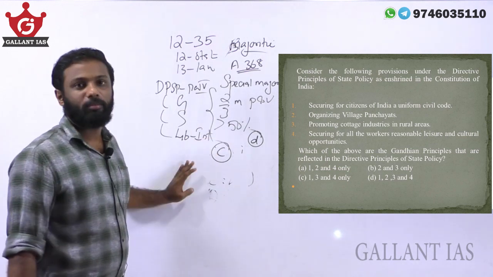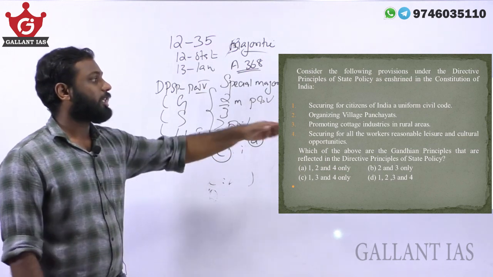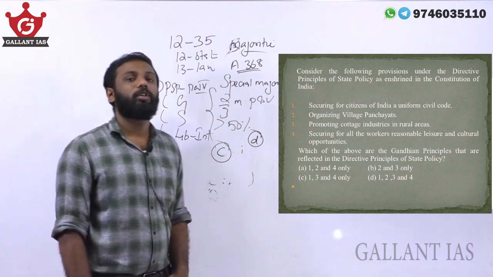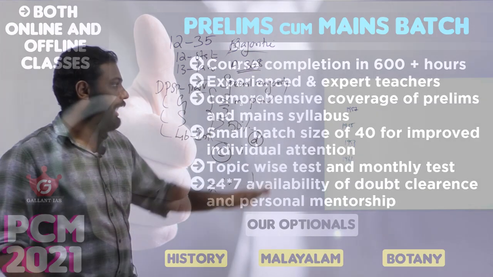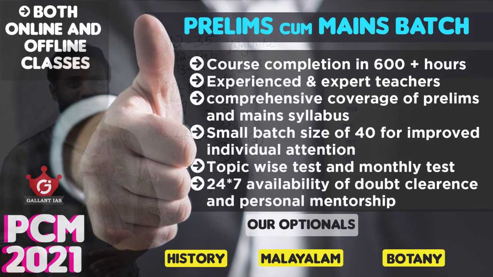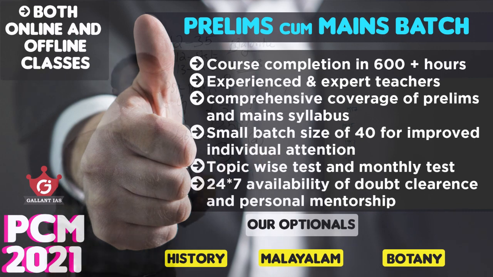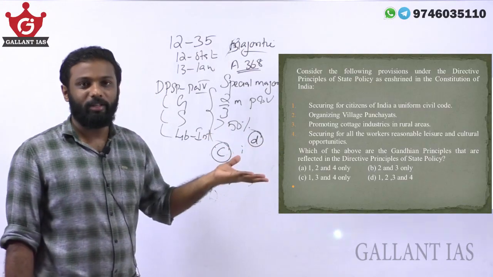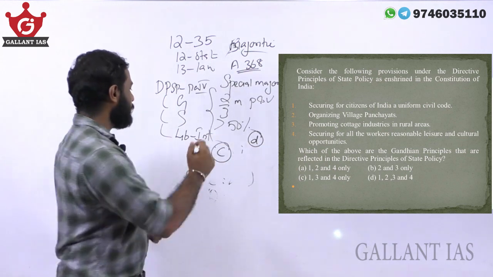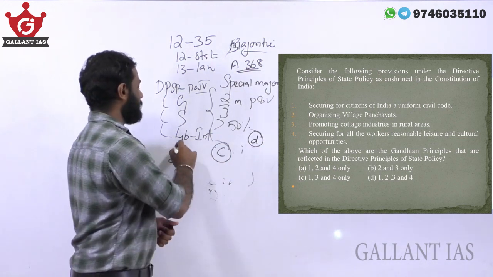So moving on to this question, we know that securing for citizens of India a uniform civil code comes under liberal intellectual principles and not under Gandhian principles. Statement number 2, organizing village panchayat. Organizing village panchayat reflects Gandhian ideologies, so 2 should be there in our answer.